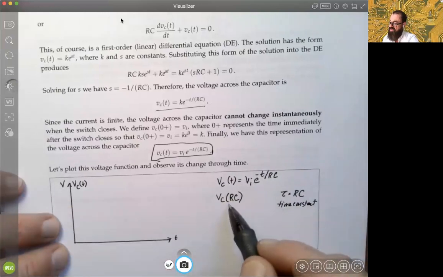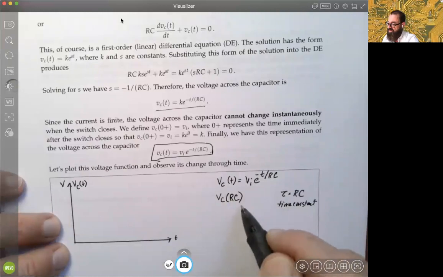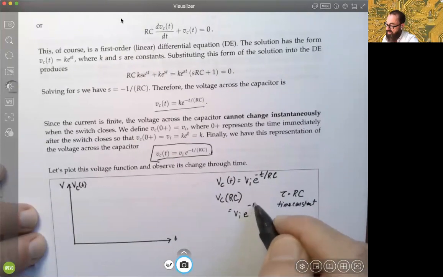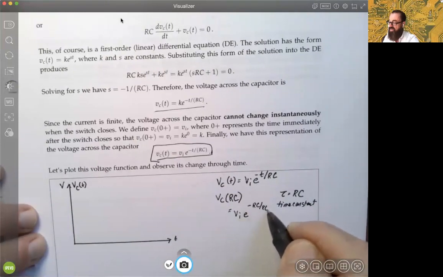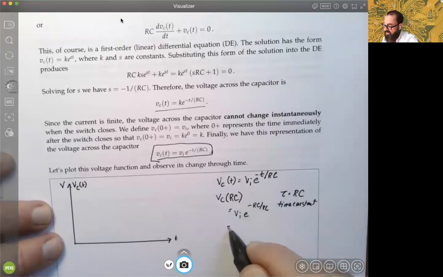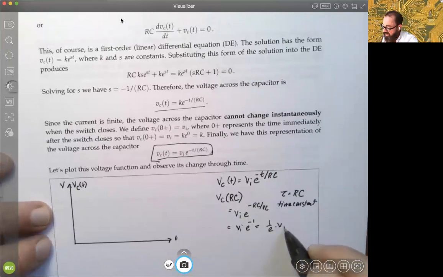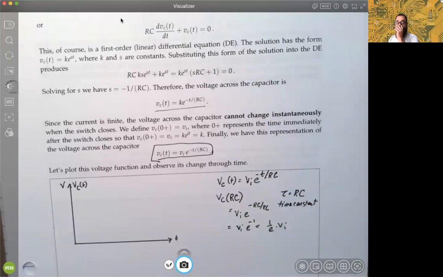If you were to plug this RC value into the function, what would you get? You would have your initial voltage times e to the minus RC over RC. So you'd have just V_I times e to the minus 1, or 1 over e times V_I.